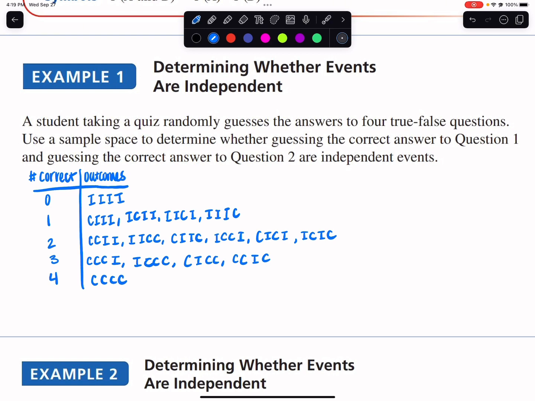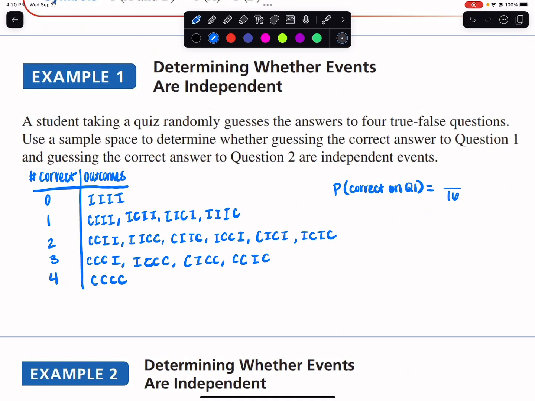Okay, so in my sample space, we have to find first the probability that they would get the correct answer to question 1. So total, I know there's 1, 2, 3, 4, 5, 6, 7, 8, 9, 10, 11, 12, 13, 14, 15, 16.